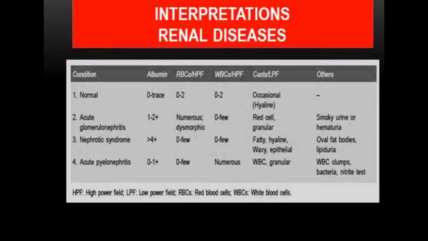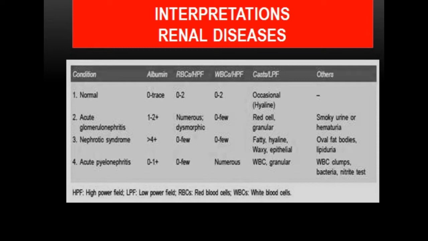However, in case of kidney damage, the protein content increases in the form of albumin. Then there may be a certain number of RBCs, which may be of normal shape or dysmorphic. WBCs are few in case of acute glomerulonephritis.